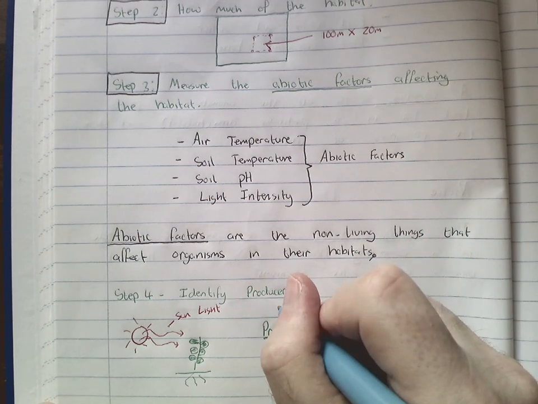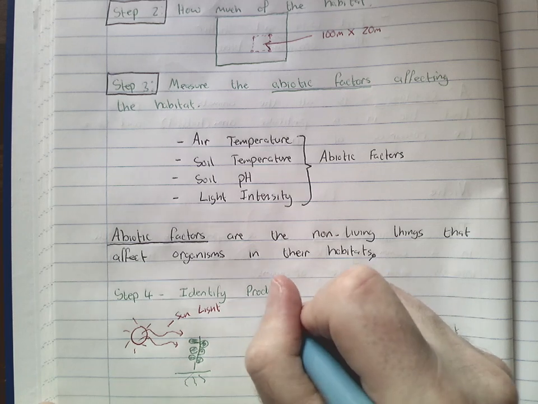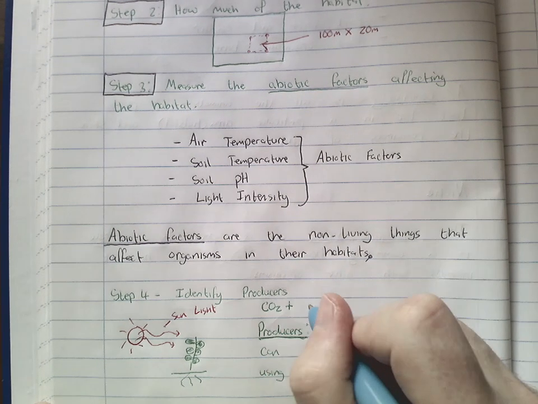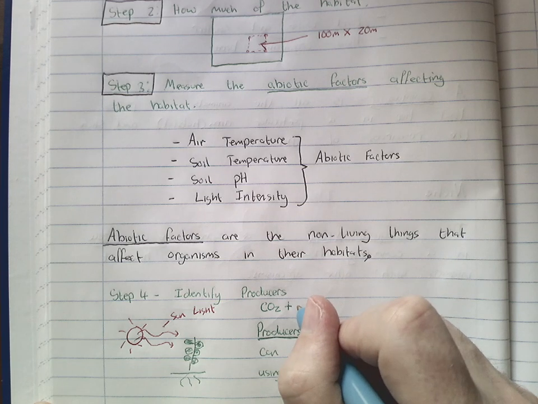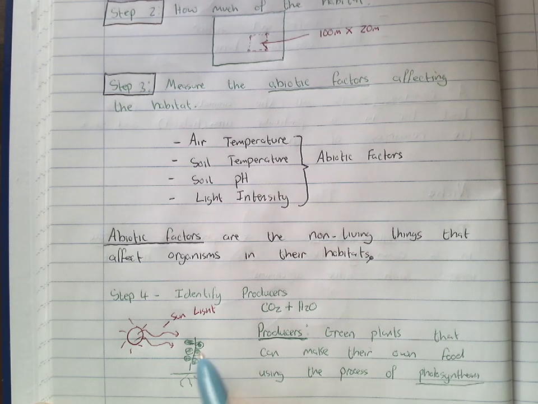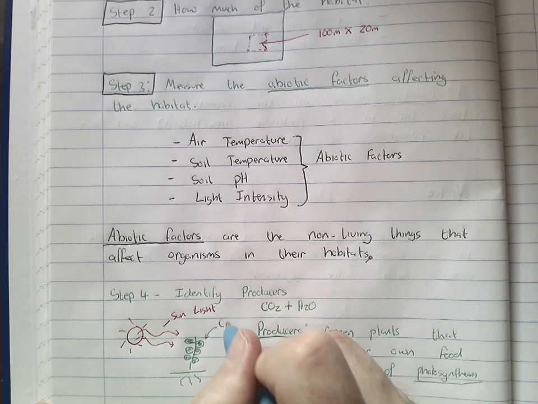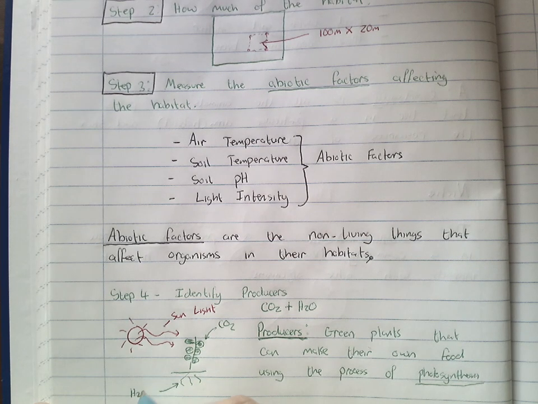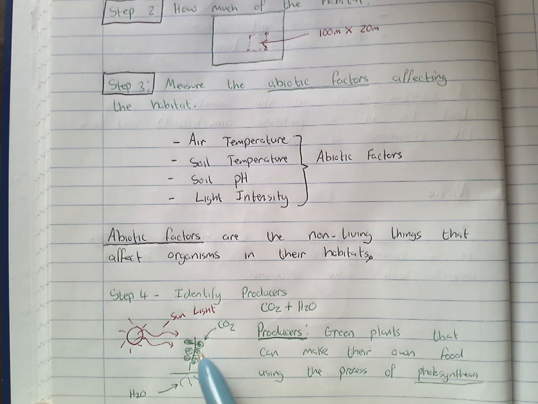So the plant takes in CO2, carbon dioxide, plus water, H2O. So for example, it takes in CO2 from the air, and it takes in H2O from the ground. So it takes in water and CO2.